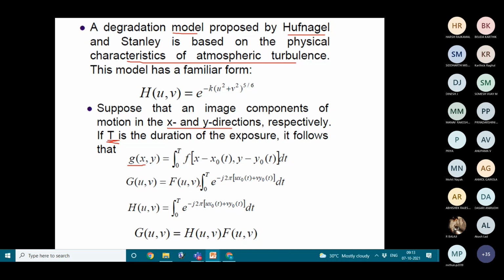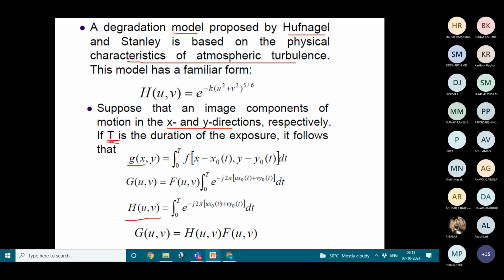And we can take the Fourier transform of this. It will be G of u comma v, and this f of x comma y can move outside, so it will be F of u comma v times the integral 0 to T of e power minus j 2 pi (u x naught of t plus v y naught of t) dt. If we take the equation of the Fourier transform, it is the integral f of x into e power minus j 2 pi ux by M into dx, so the same thing we are doing here.